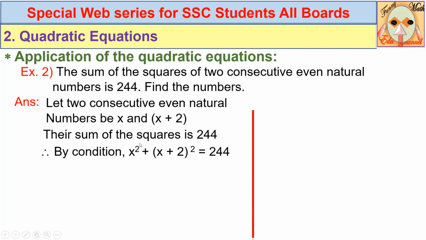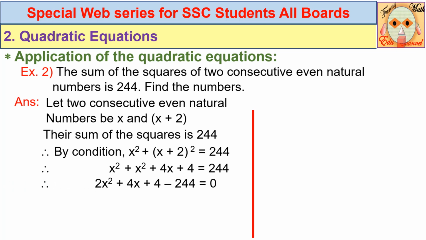Read the sentence, and this sentence is satisfied by this equation. Sum of the squares of two consecutive numbers, that is x and x plus 2, is 244. That we are going to solve.